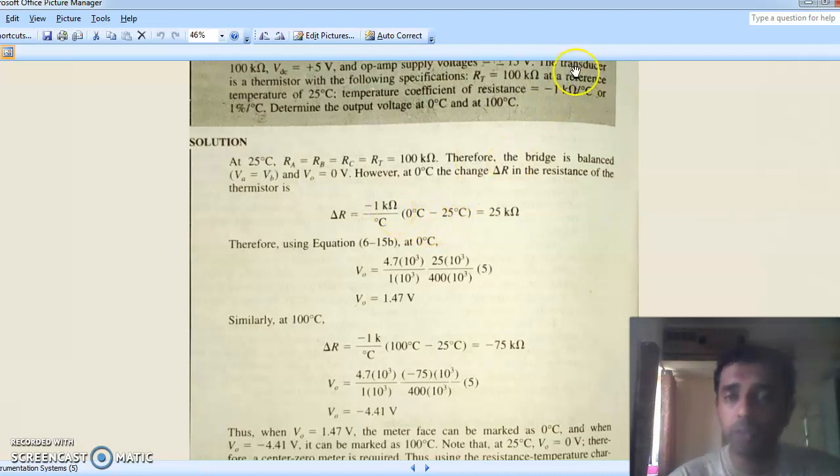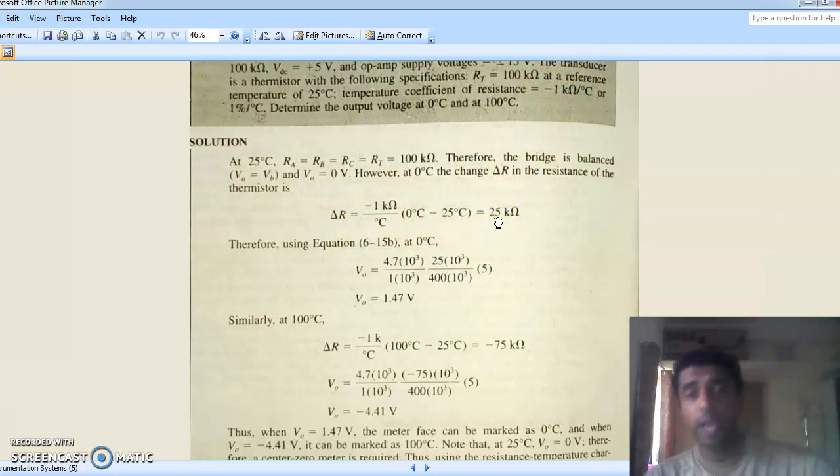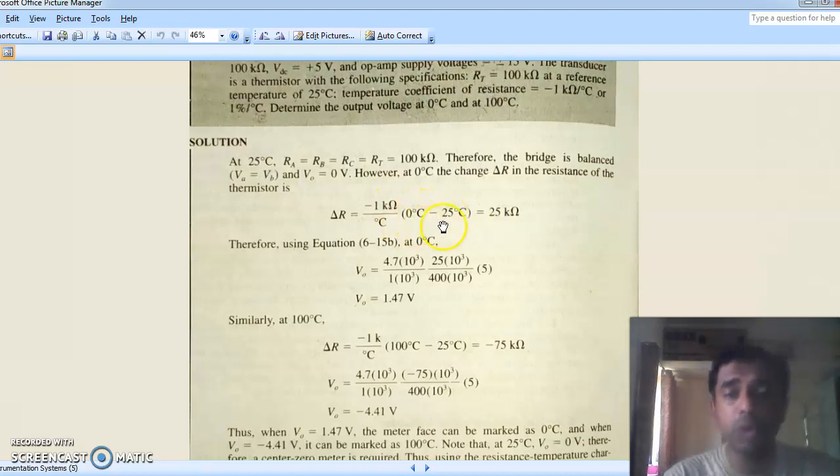That should be multiplied with this coefficient to get my delta R. So the difference in temperature is minus 25 degrees Celsius, and if that is the change in temperature, this much is the change in resistance.